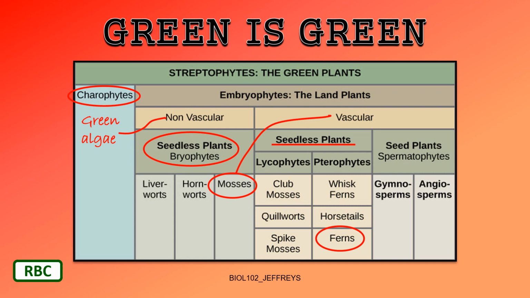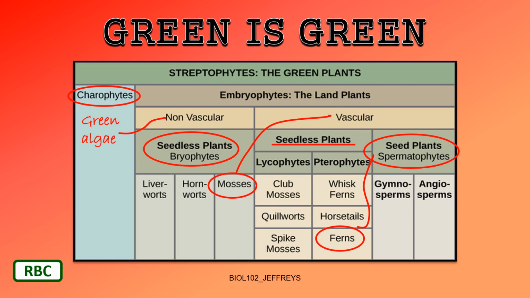So the development of vascular tissue, xylem and phloem, was a major evolutionary advancement that allowed plants, seedless plants, to move further away from the water. We looked at ferns. Ferns still need a close source of water, or at least moisture in their environment in order to reproduce. But the vascular seedless plants gave rise to the seed plants, or the seed-bearing plants.